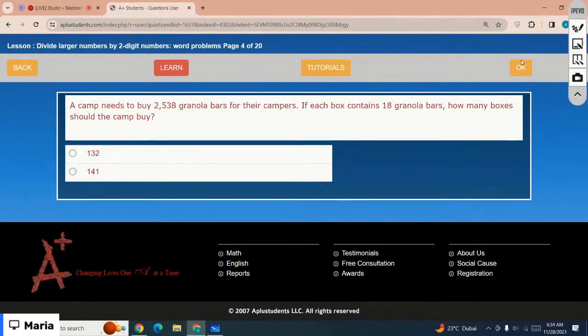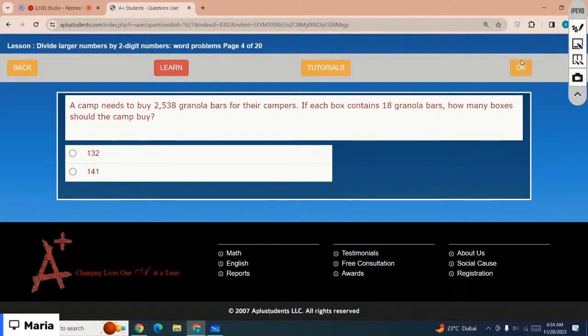A camp needs to buy 2,538 granola bars for the campers. If each box contains 18 granola bars, how many boxes should the camp buy?